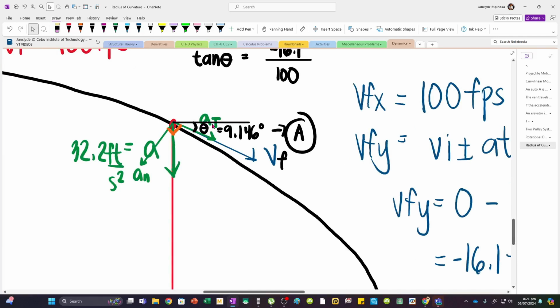Now, since I have this angle, I hope you would agree that using it, we can solve this angle too. Since this is also perpendicular, this angle, let's say alpha, the one in purple, is 90 minus theta.